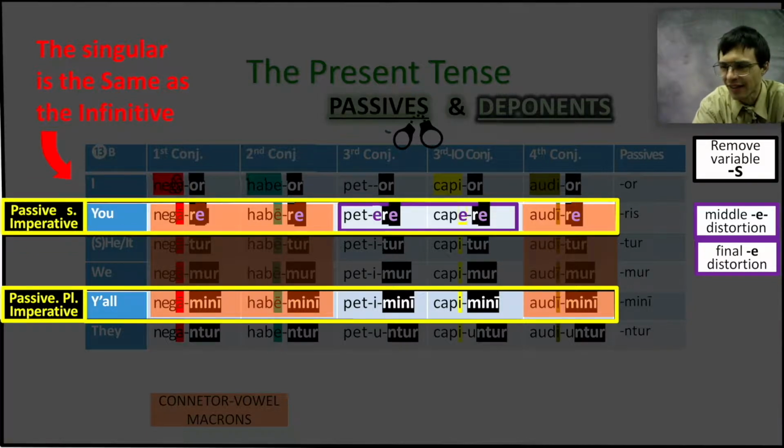Be blanked, you. So negare, be denied. Habere, be had. Petere, be attacked or sought or questioned. Capere, be taken. Audire, make sure you're listened to. Be heard. Okay, so that's just weird to think about.